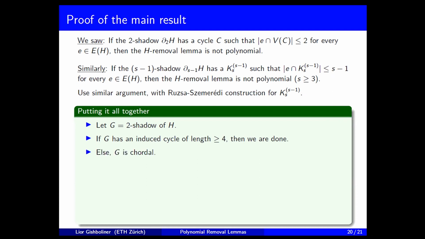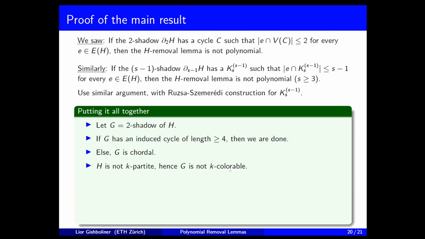Else, this graph is chordal, right? Now, what we also know is that H is not k-partite, and this is exactly equivalent to G being not k-colorable. H is k-partite if and only if the 2-shadow of H is k-colorable. Okay, it's a basic property.